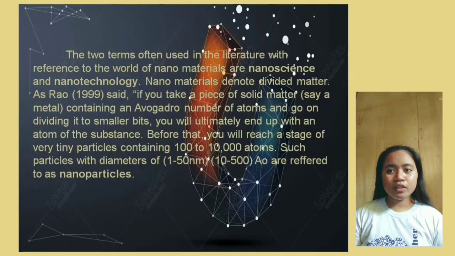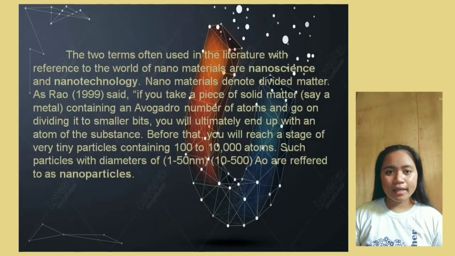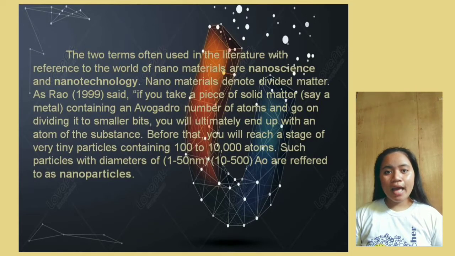The two terms often used in the literature with reference to the world of nanomaterials are nanoscience and nanotechnology. Nanomaterials denote divided matter. As Rao said in 1999, if you take a piece of solid matter, say for example a metal, containing an Avogadro number of atoms and go on dividing it into smaller bits, you will ultimately end up with an atom of the substance.